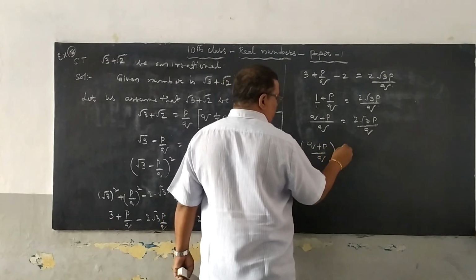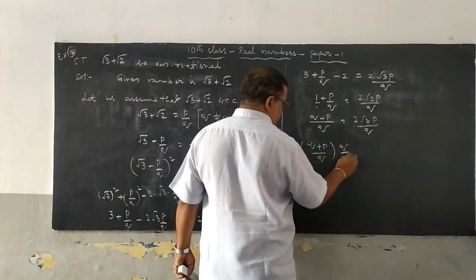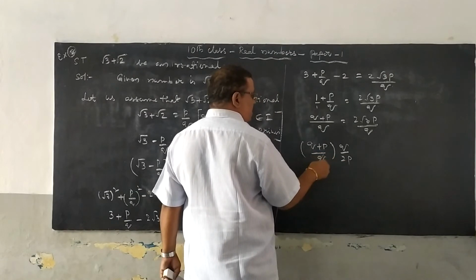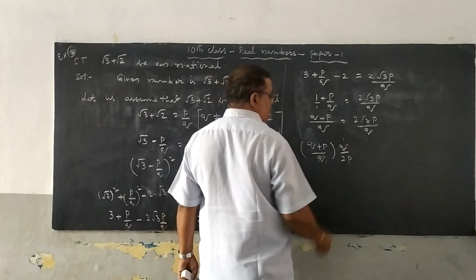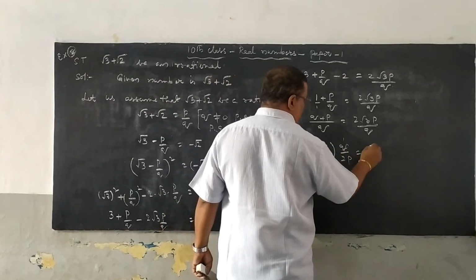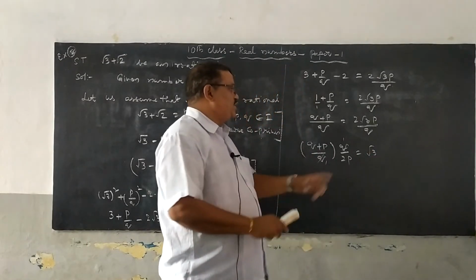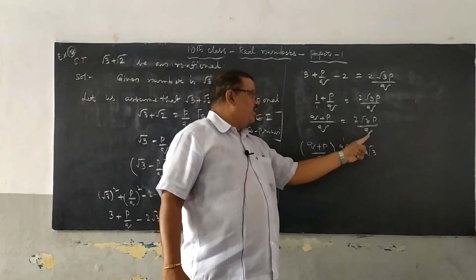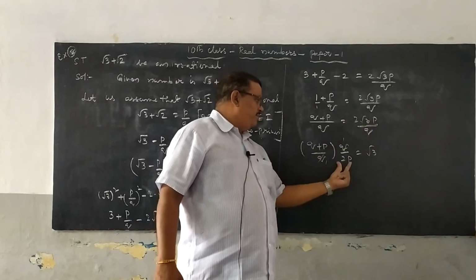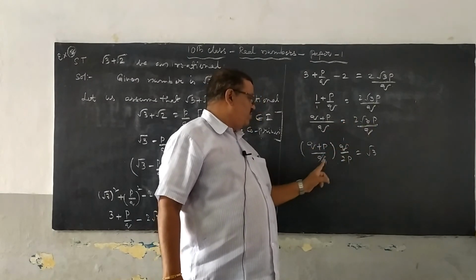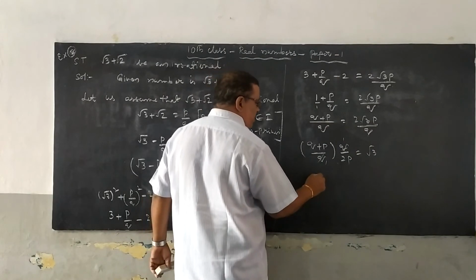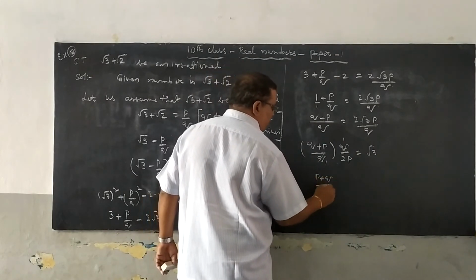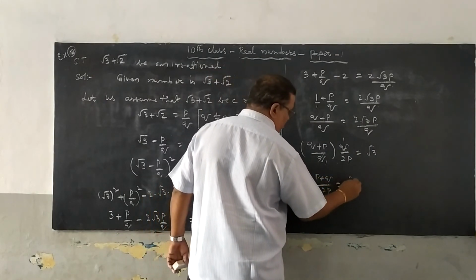Transpose 2p by q to the LHS, it becomes q by 2p. So the q's cancel. You get p squared plus q squared over 2pq is equal to root 3.